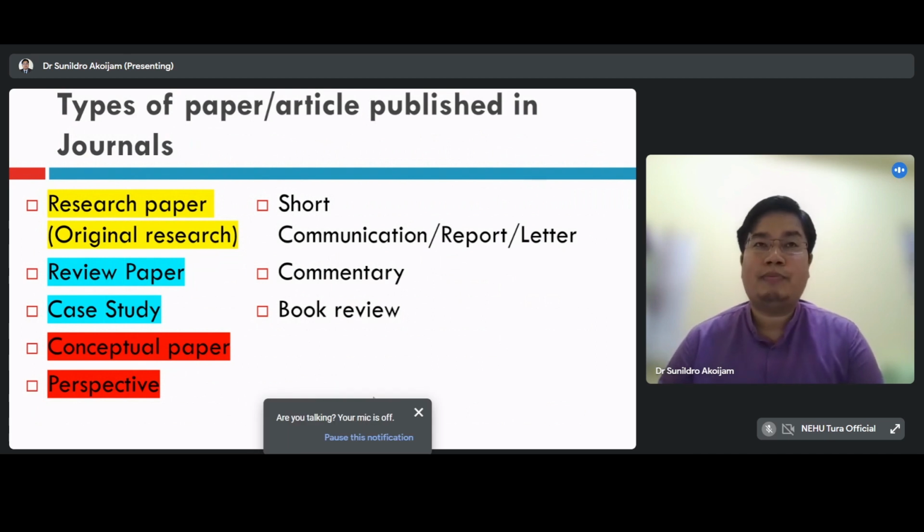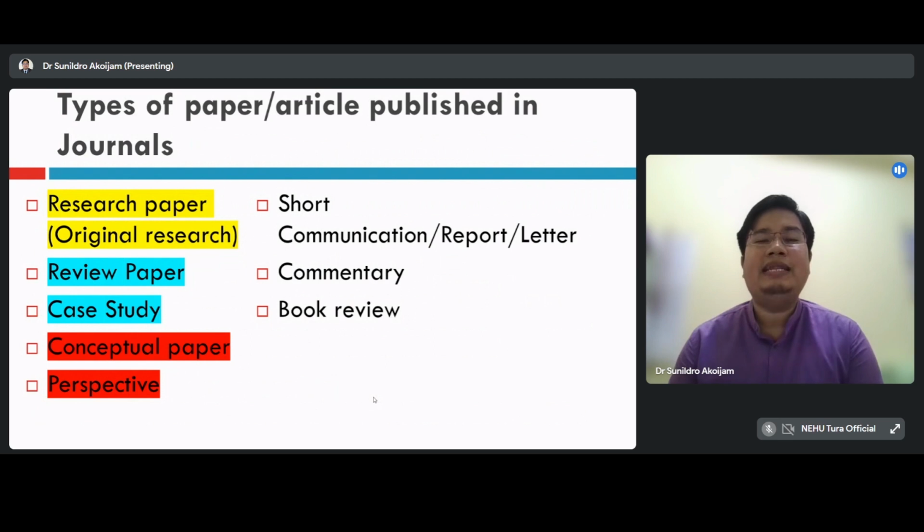First is the conceptual paper. In the conceptual paper, the writer is trying to bring in some new concept, some theory, some framework, in addition to what others have already come out with. To come out with that new concept or theory, you need a lot of experience to propose that it will be relevant in today's context.